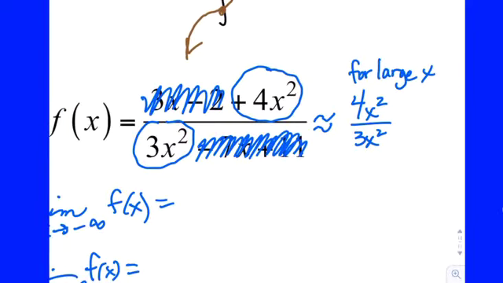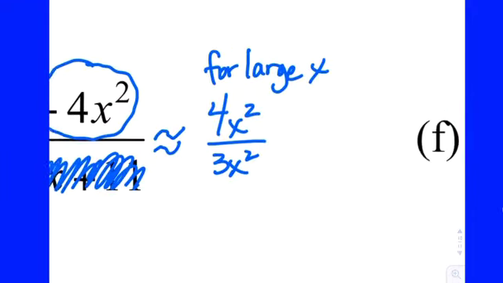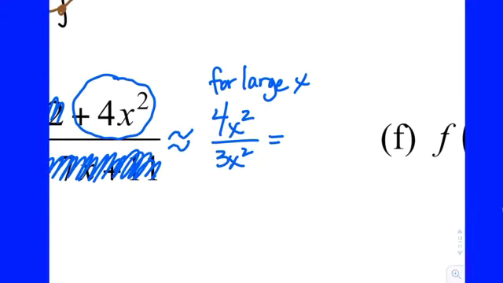If we were to zoom out on the function f of x, we would not see all of its glorious local behavior like holes, jumps, x-intercepts, local maximums. We would only see the behavior of 4x squared over 3x squared, which if you were then to simplify that, what would you do with your x squared? Divide them out, and you'd be left with 4/3.